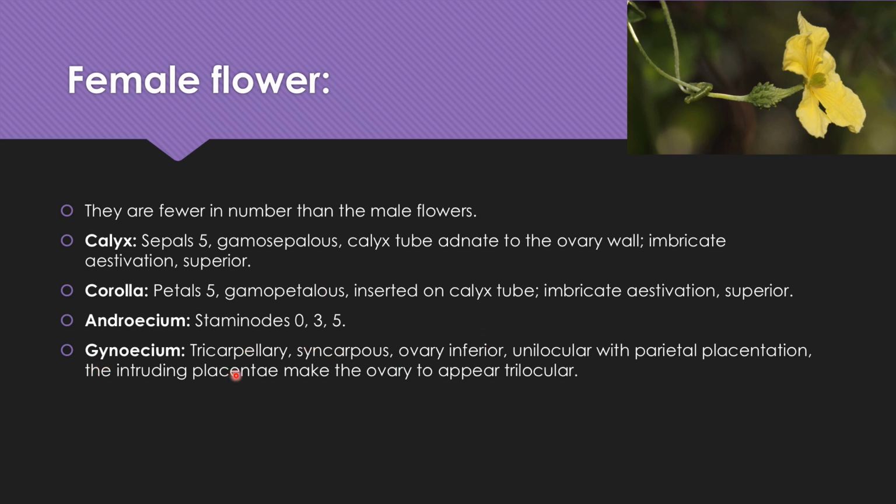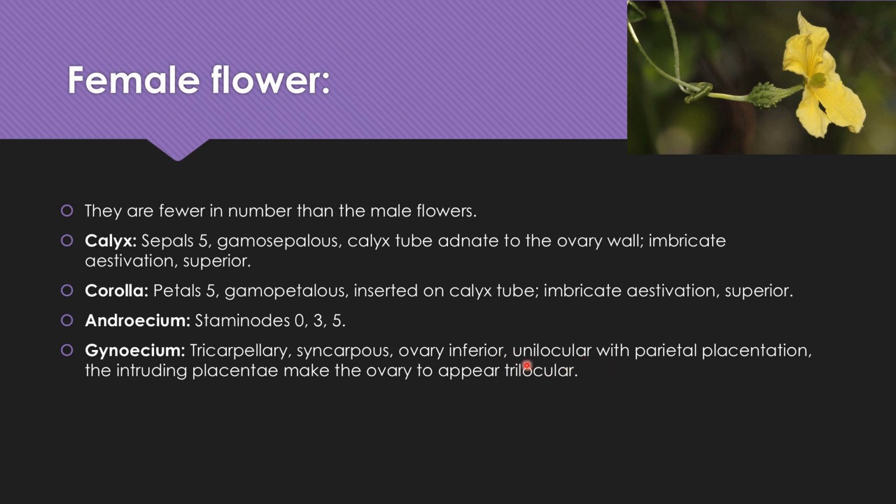Usually the gynoecium is tricarpellary, meaning the carpels are 3 in number. Syncarpous means their carpel walls are fused to each other. Ovary is inferior, like this. The ovary is borne below the sepals and the corolla.